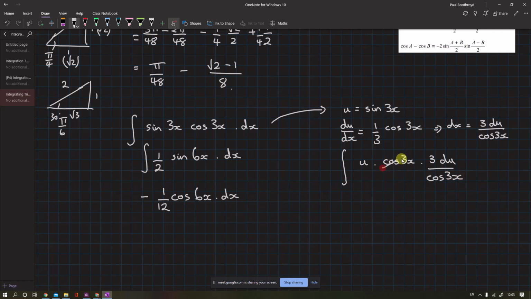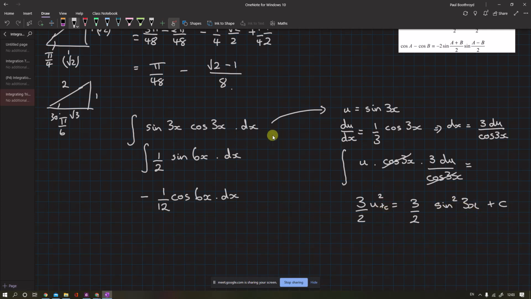And because this cancels, we actually do get a nice integration we can do. So this is going to become u squared over 6, which is a sixth of sine squared 3x plus a constant. I missed the constant there again.